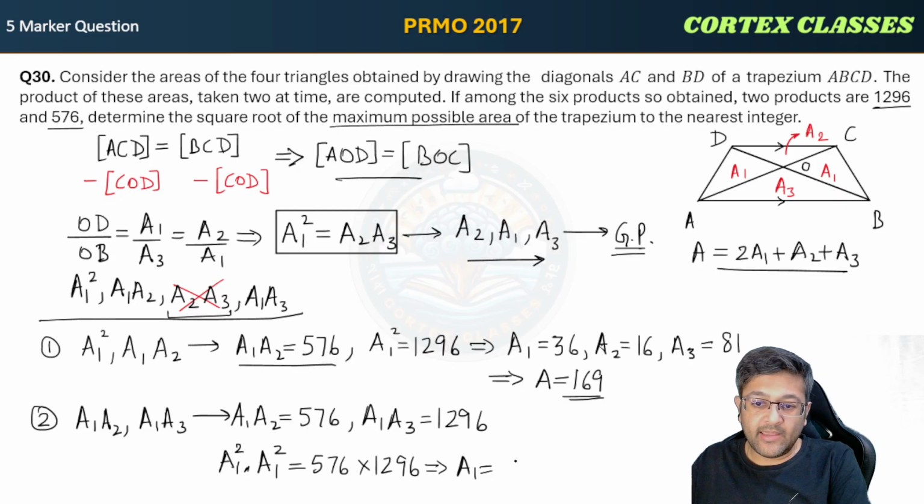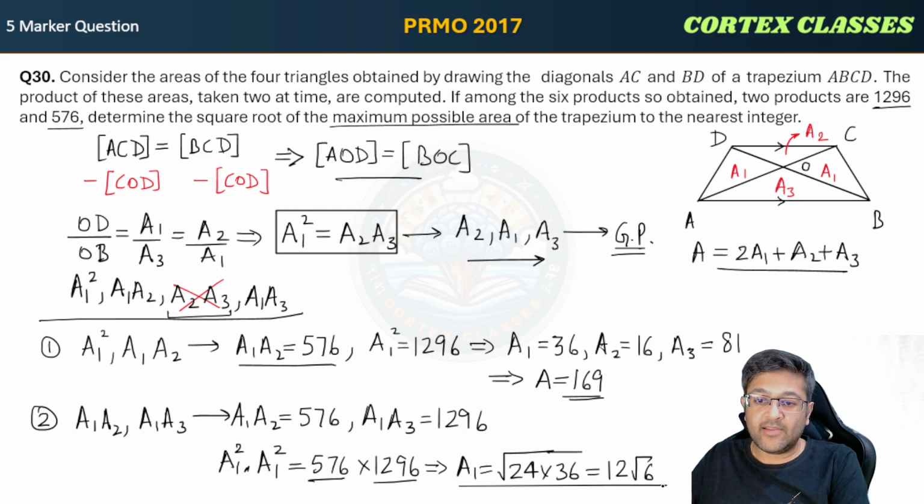Okay, see A1 is, ये 24 का स्क्वायर रूट है, ये 36 का, सो 24 into 36 का स्क्वायर रूट आ जाएगा, राइट? सो फर्दर यू कैन सी 12 का फैक्टर बाहर आ रहा है, 3 into 2, 6 बचेगा, सो 12 root 6. सो दैट इज द वैल्यू ऑफ A1. ओके, A1 का वैल्यू आ रहा है.